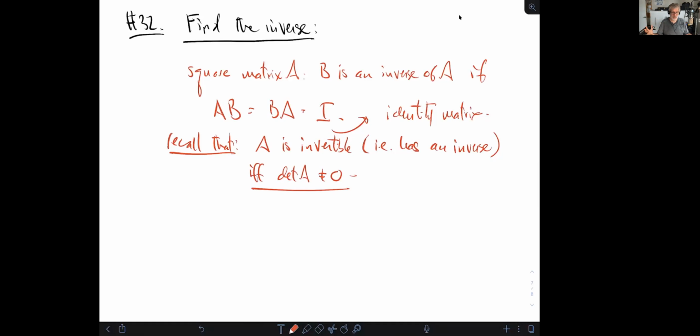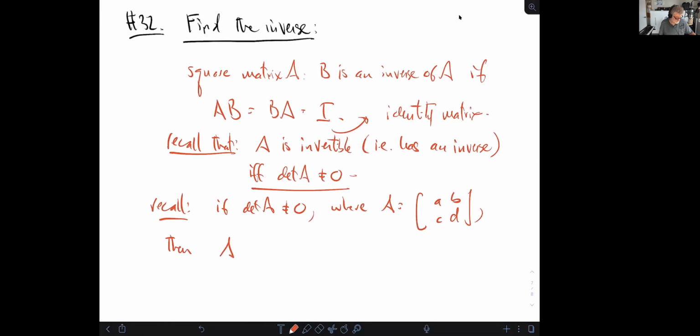And here's what we got. If the determinant of A is not 0, where the matrix A is, let's say, A, B, C, D, then what is the inverse?